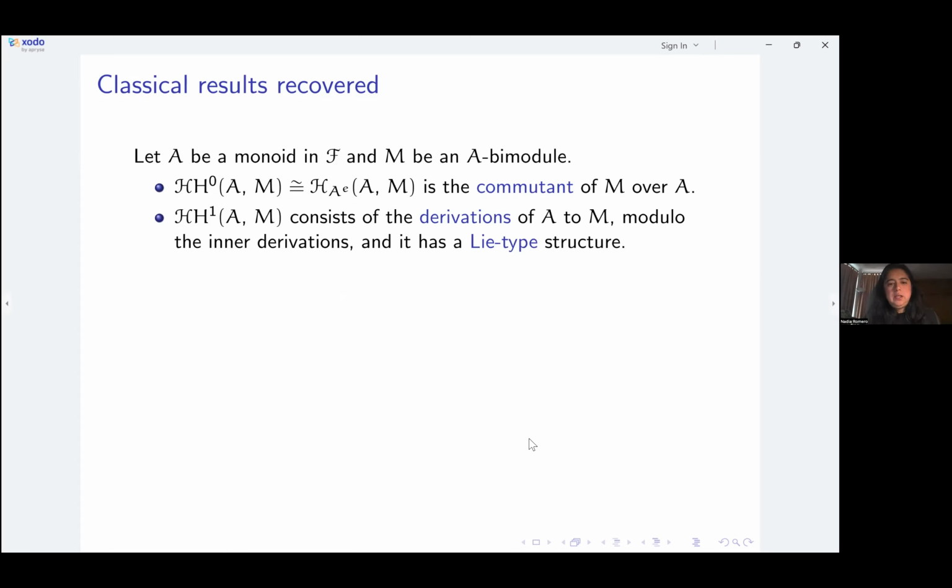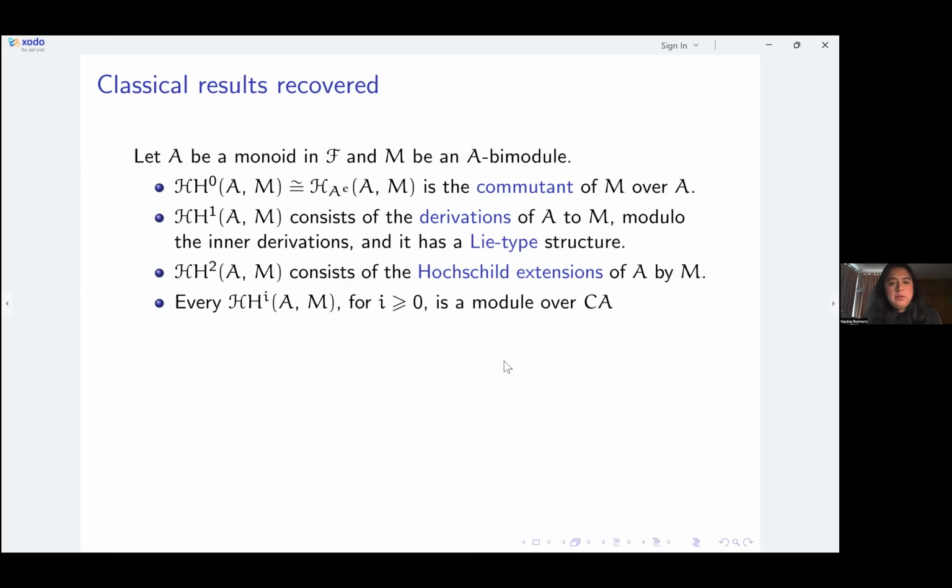As in the classical case, this has a Lie-type structure. We can define this bracket that behaves like a kind of Lie product. In degree 2, we also have extensions, Hochschild extensions, which I didn't define, of course.